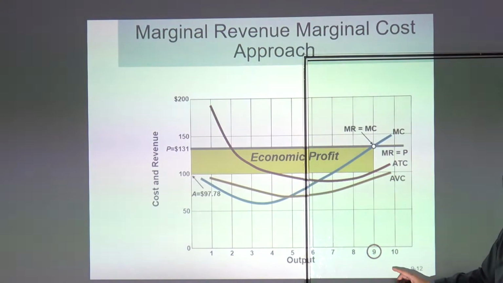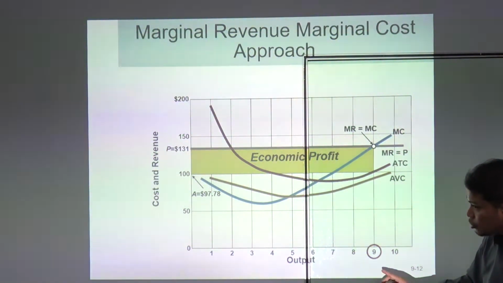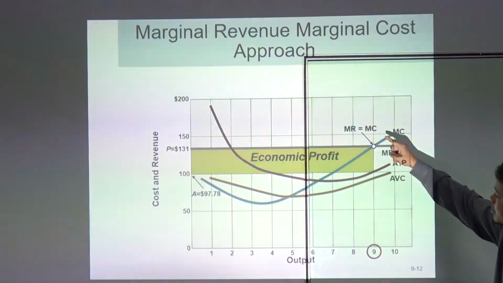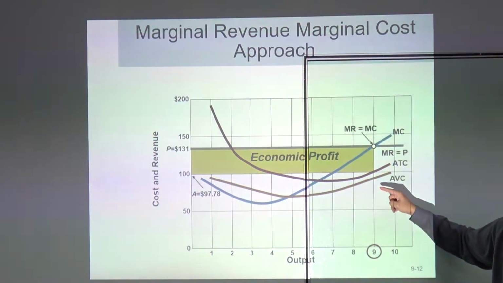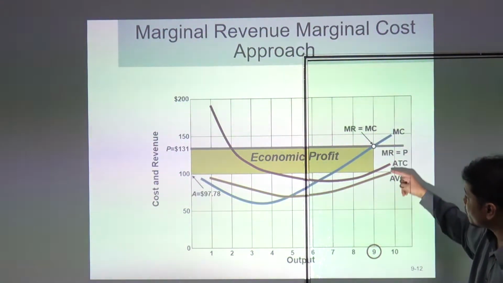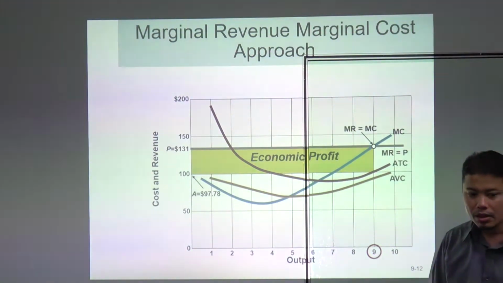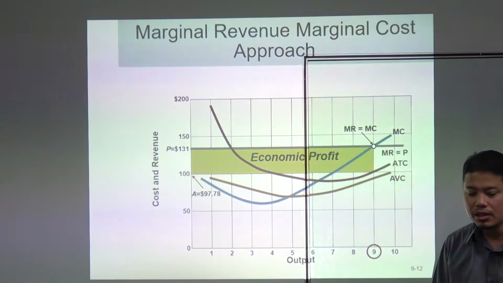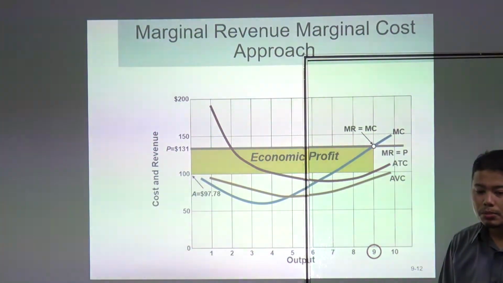The second step is to compare price and average variable cost. From the 9 units that you have identified here, you trace it up. So compare whether the price is above or below average variable cost. In this example, the price is above average variable cost. So when the price is above average variable cost, it means that the firm should produce.